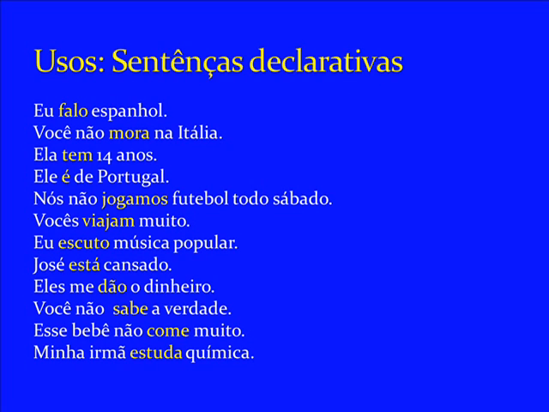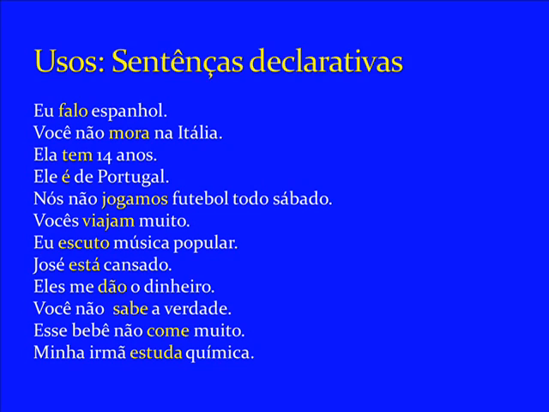So just to finish up this presentation on the subject pronouns and the conjugation of verbs in the present tense, I want to cover a couple of the most common uses for the present tense conjugations in Portuguese. The first use I'm going to go over is just simple declarative sentences to say that something is going on, something happens. Okay? Some examples.